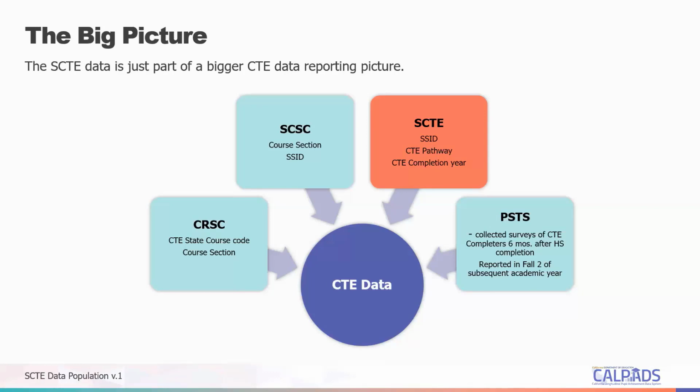The PSTS is reported in fall 2 of the subsequent academic year. So if we're reporting the CRSC, SCSC, and SCTE file of a student who completed high school in 2019-2020, the PSTS record will be submitted in academic year 2020-2021.